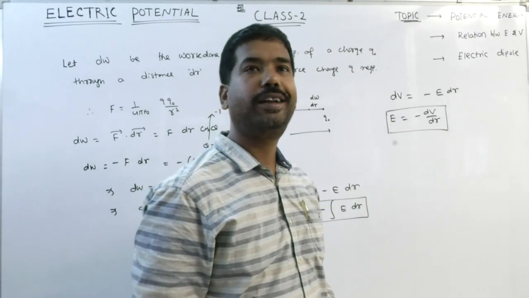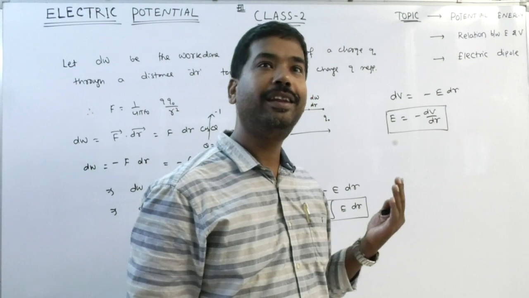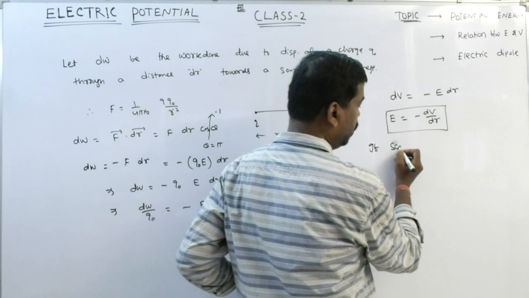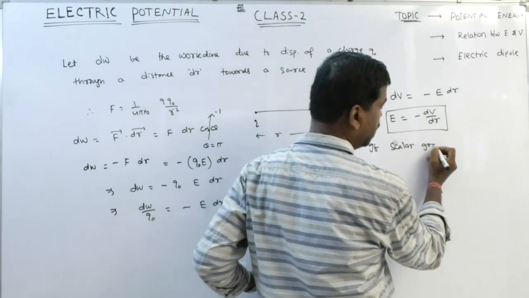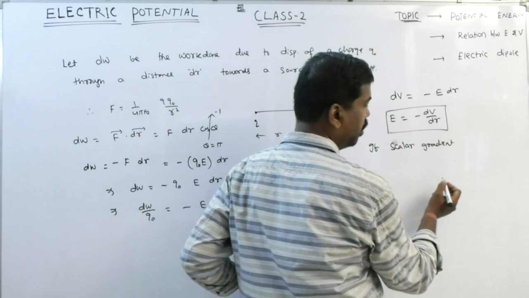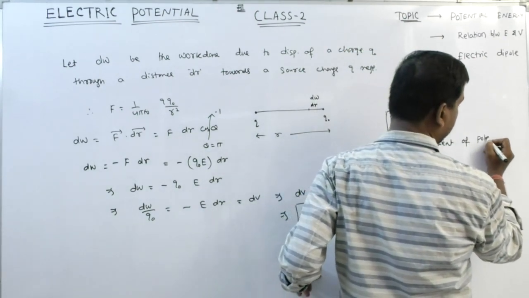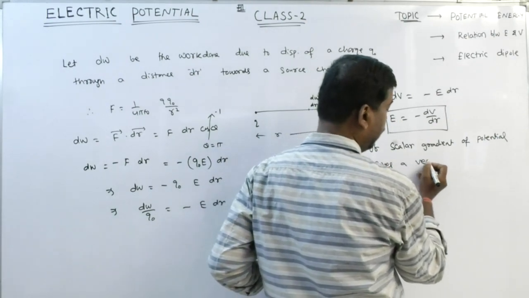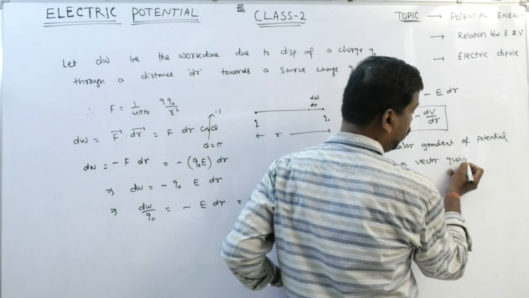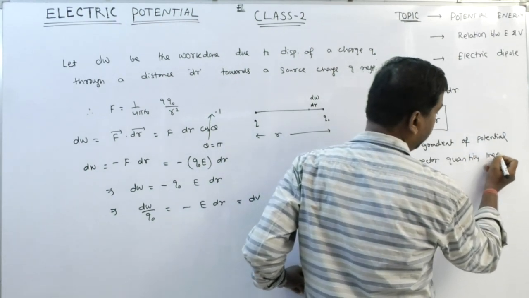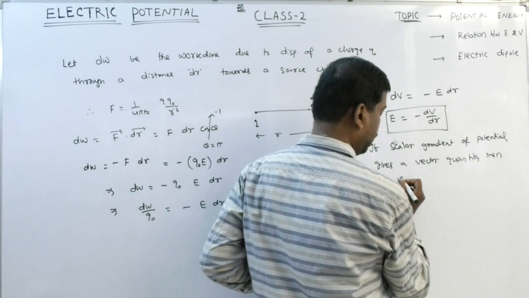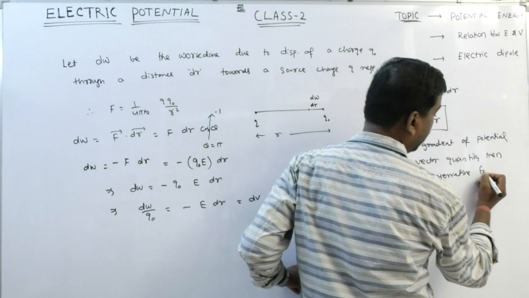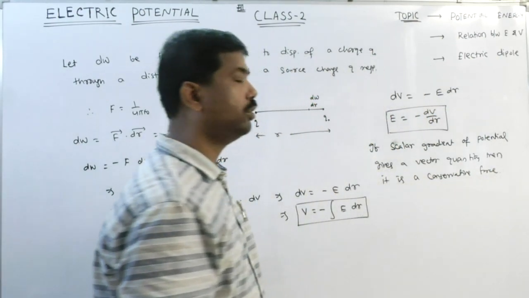But we know earlier in work and energy that if the scalar gradient of potential gives a vector quantity, then it is a conservative force.